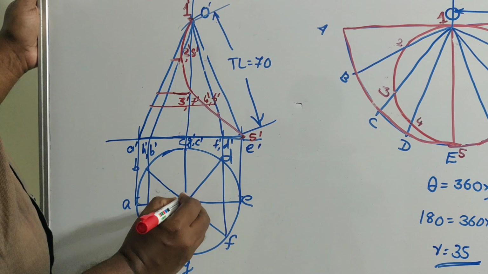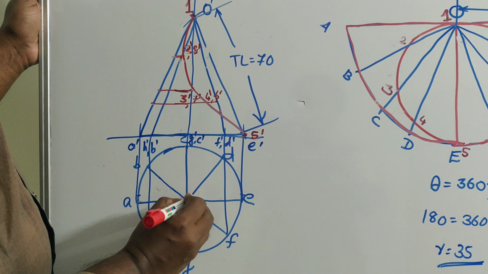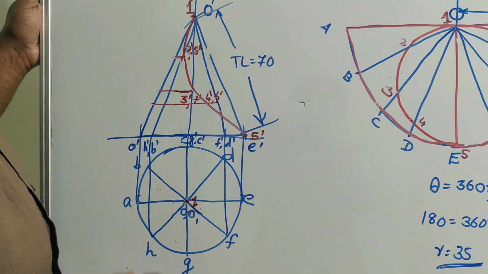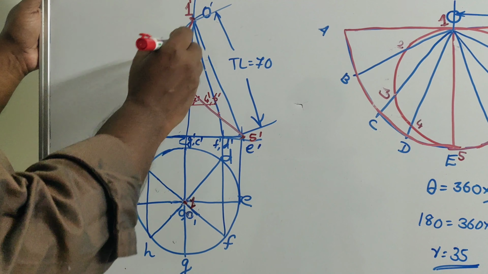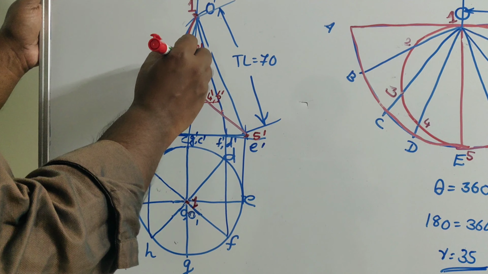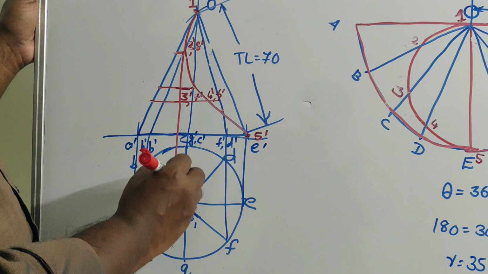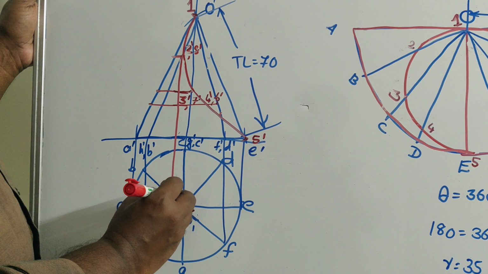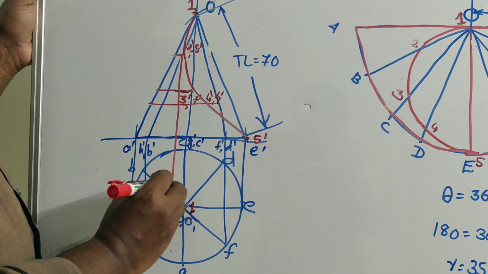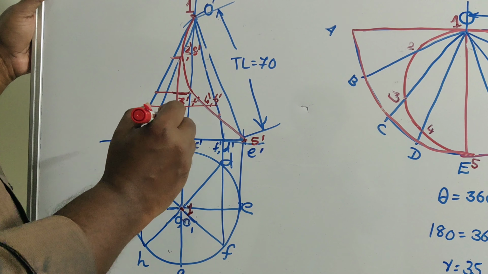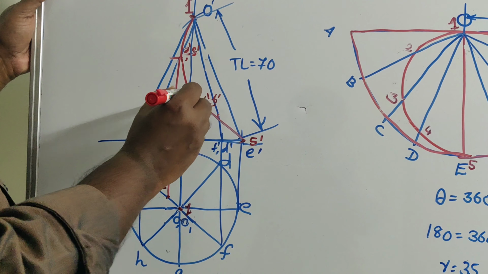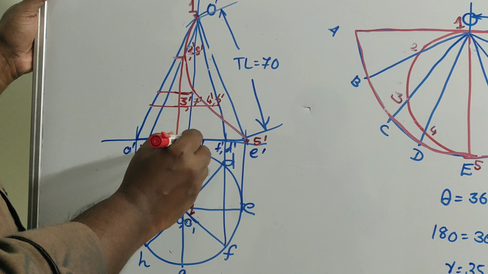So we will get 1 along O1. So this is 1. Point 2 is along O dash B dash. So from 2 dash I am drawing a projector which will come here. So this is 2. Now 3 will be along O dash C dash.